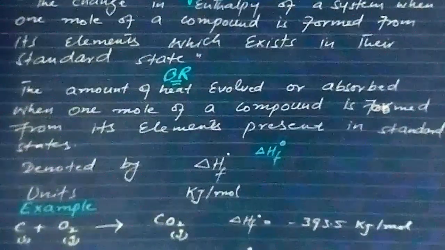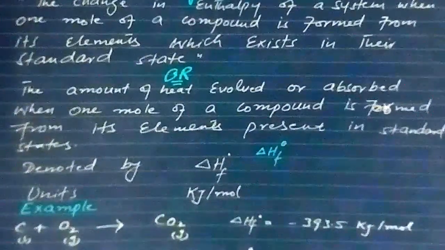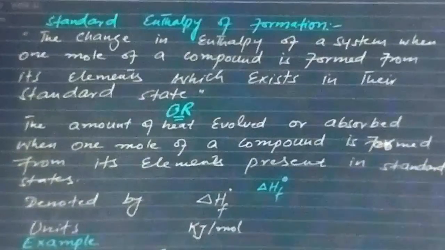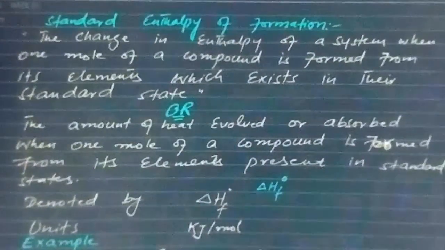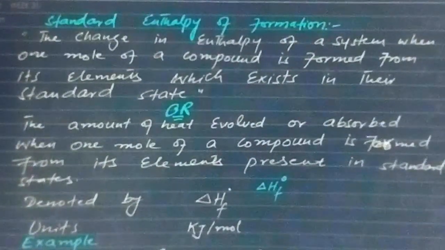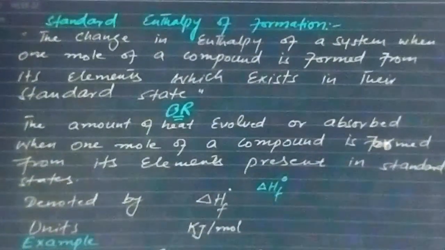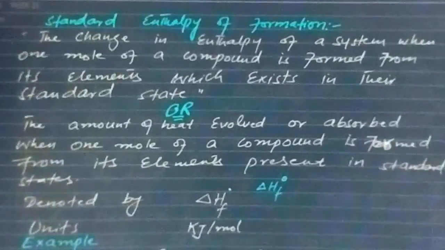Now what is standard enthalpy of formation? It is the change in enthalpy of the system when 1 mole of a compound is formed from its elements which exist in their standard state.